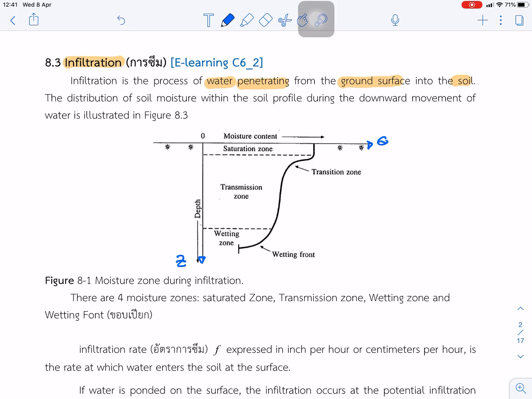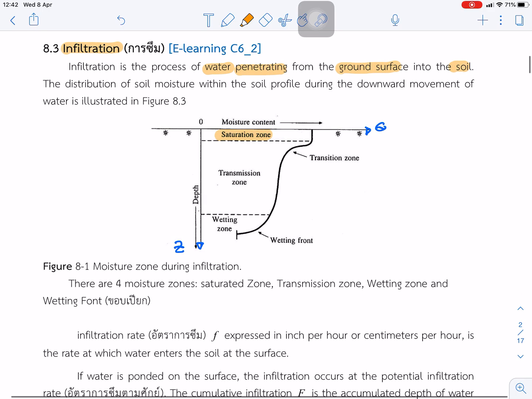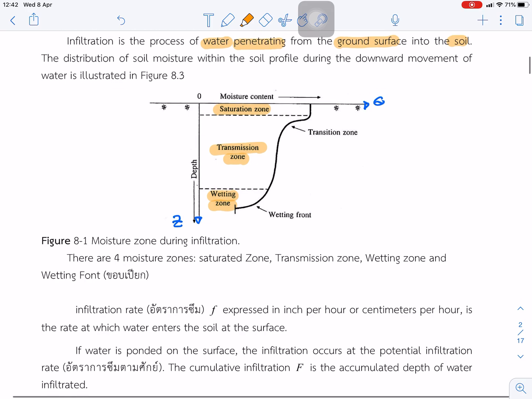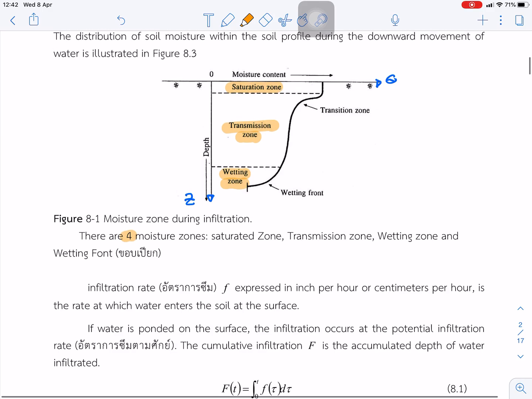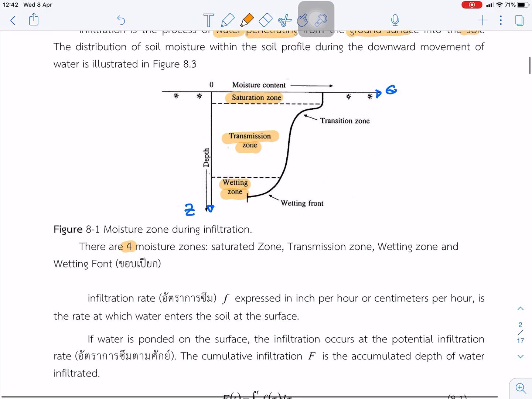At the surface, the saturation zone occurs, and the bottom one we call the dry and wetting zone, and in between is the transmission zone. So there are four moisture zones in the vertical profile of the soil column.